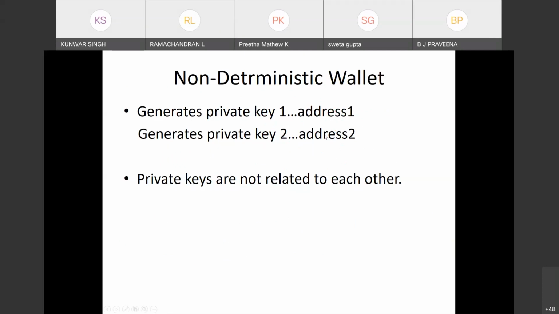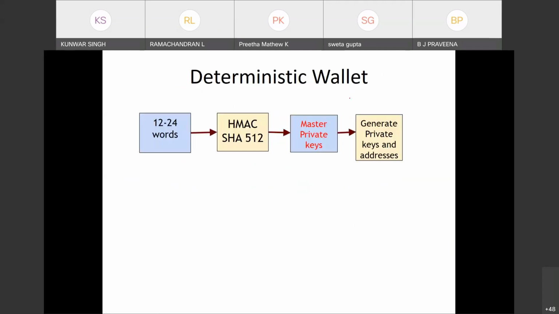Then we have deterministic wallet. In a deterministic wallet, the private keys are related. They are derived from the same source, with the seed kind of thing. So 12 to 24 phrases, words which you can easily remember. That is the seed.